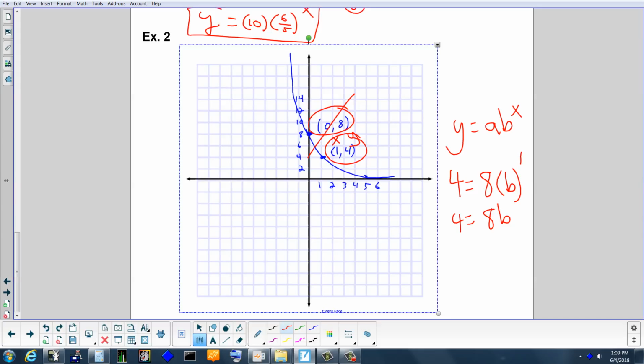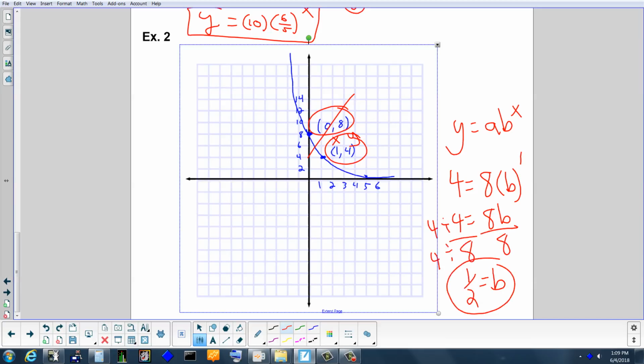Divide. By what number? 8. Since the first day of class, you always want to divide by the number that has a variable attached. B equals 1/2. I'm just going to reduce this. I can divide by 4 in both. So B equals 1/2.